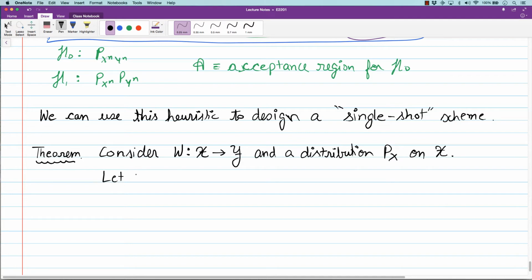Let the distribution of Y given X be given by W, so Y is the output when X is input.